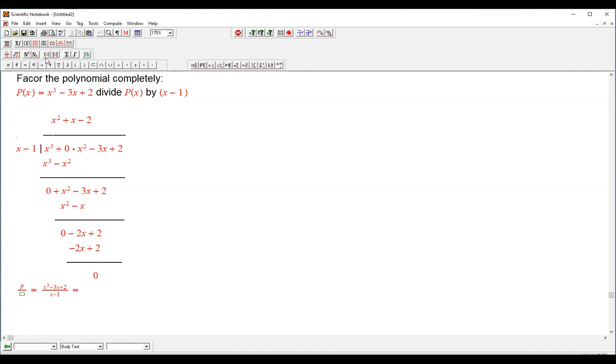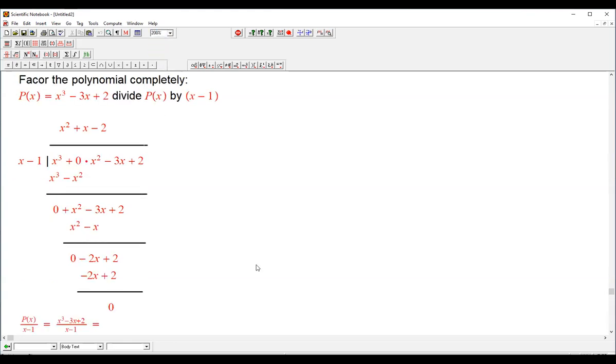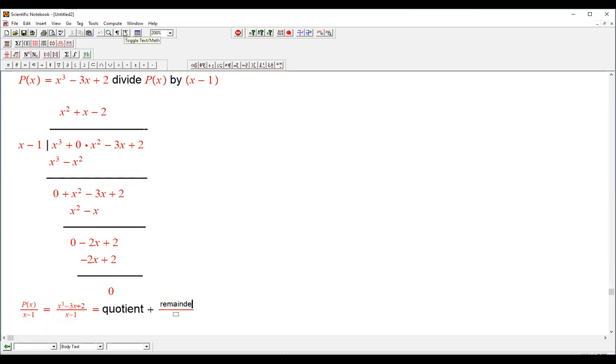So p of x divided by x minus 1, I'm going to make the font just a little bit larger, equals the quotient plus the remainder divided by the divisor, which is x minus 1.